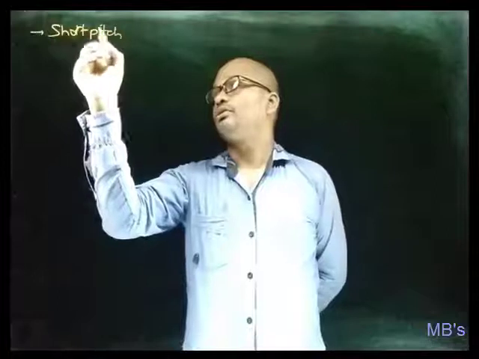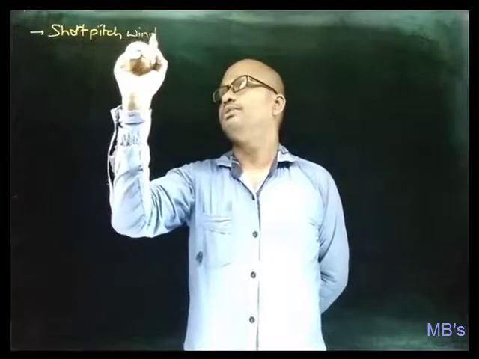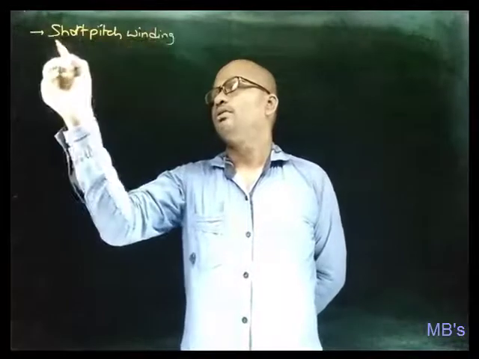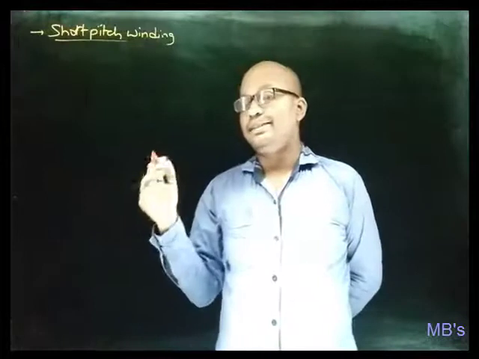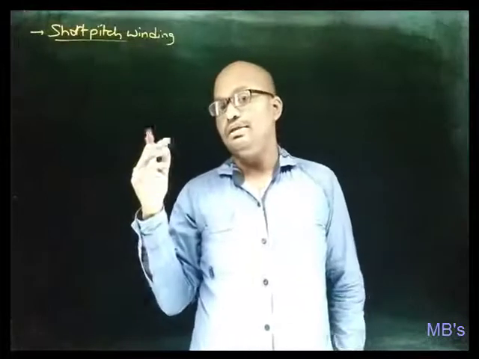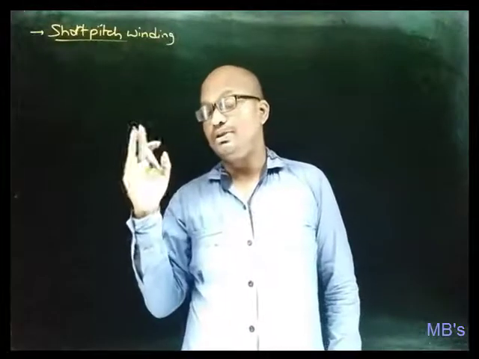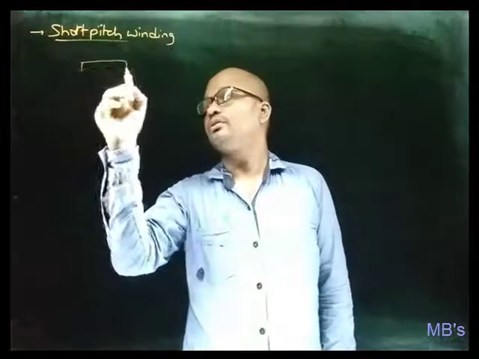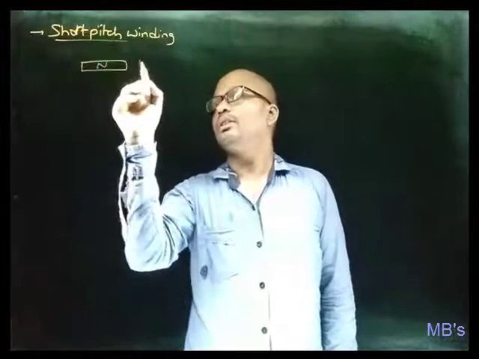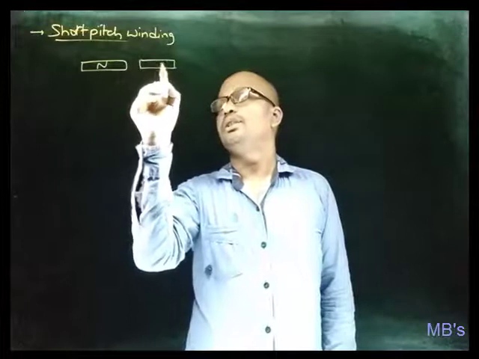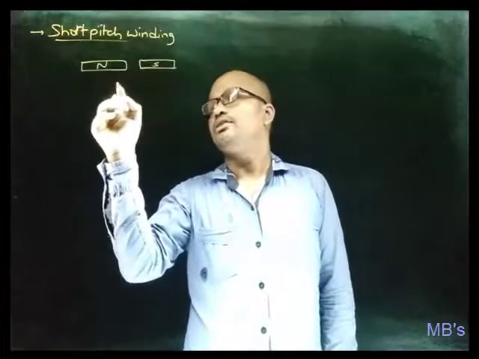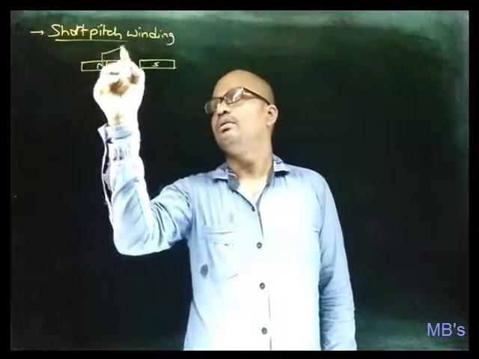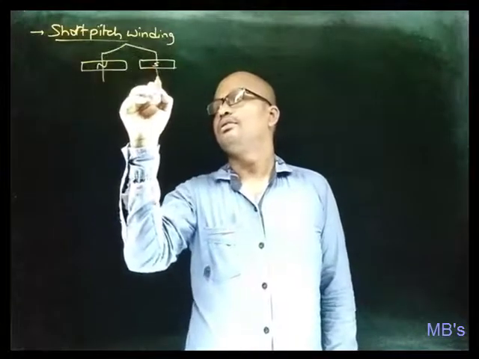Short pitch winding. If the coil span is less than the pole pitch, then that type of winding is called a short pitch winding. Consider North Pole and South Pole like that, and consider a coil like this.